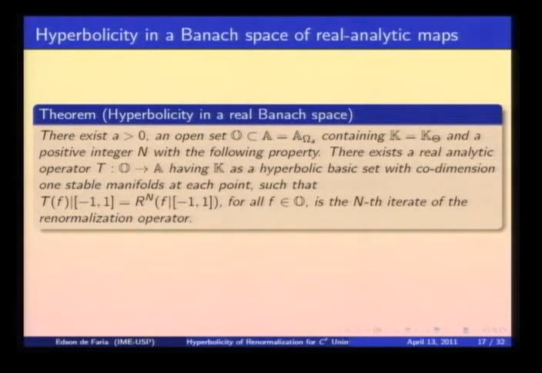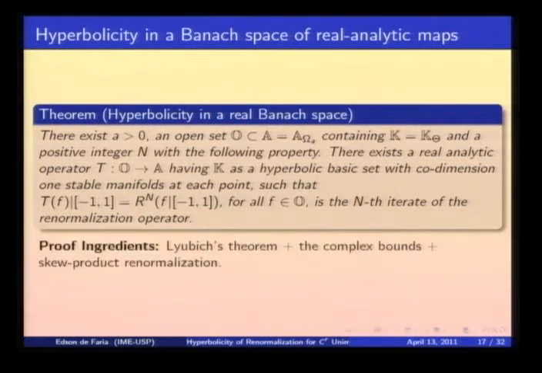You find a real analytic operator T from O to A, which has K as a hyperbolic basic set, and T is essentially the nth power of the renormalization operator when you restrict it to the interval [-1, 1]. So this is what we prove first.